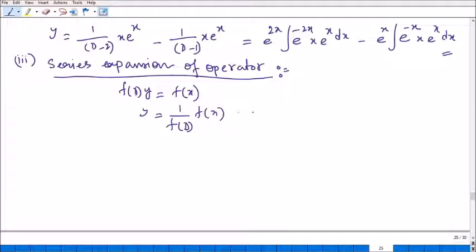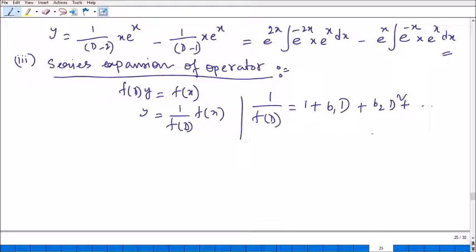Here 1 by f(D) is expanded in a series, which can be represented as 1 plus b1 D plus b2 D square, where b1, b2 are constants and D is the derivative d/dx, and D square is d2/dx2.